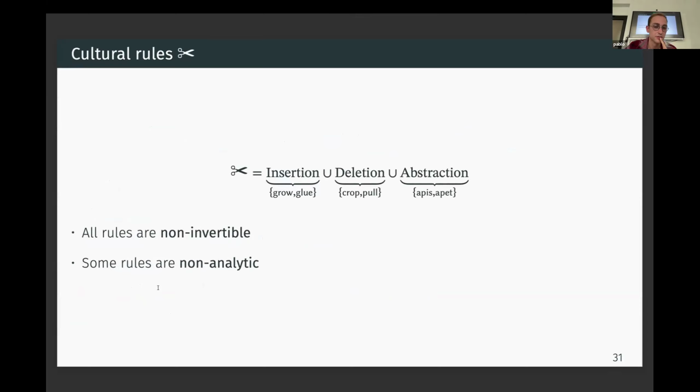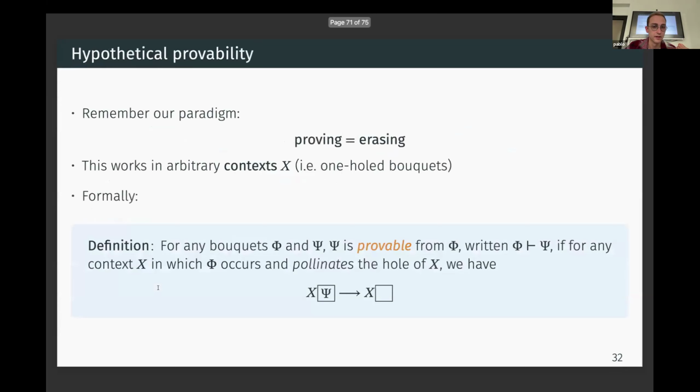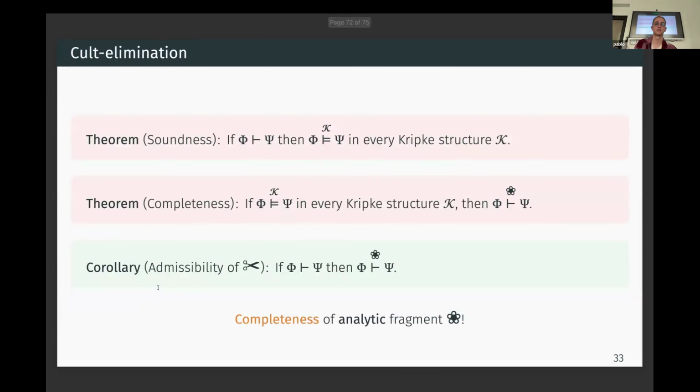And the interesting theorem that I proved is that I proved soundness and completeness for these rules with respect to first order intuitionistic logic by having some Kripke semantics. And interestingly, the completeness works just for the natural fragments of rules.